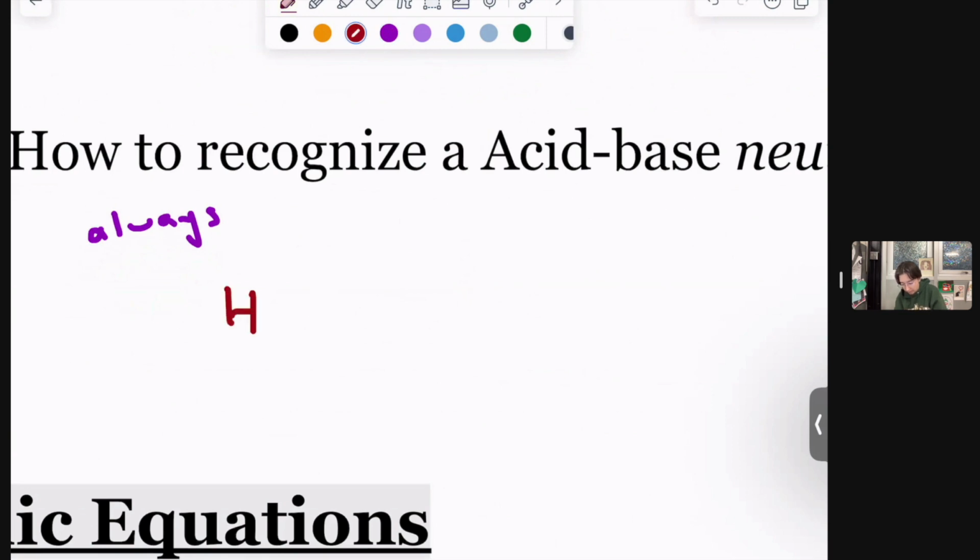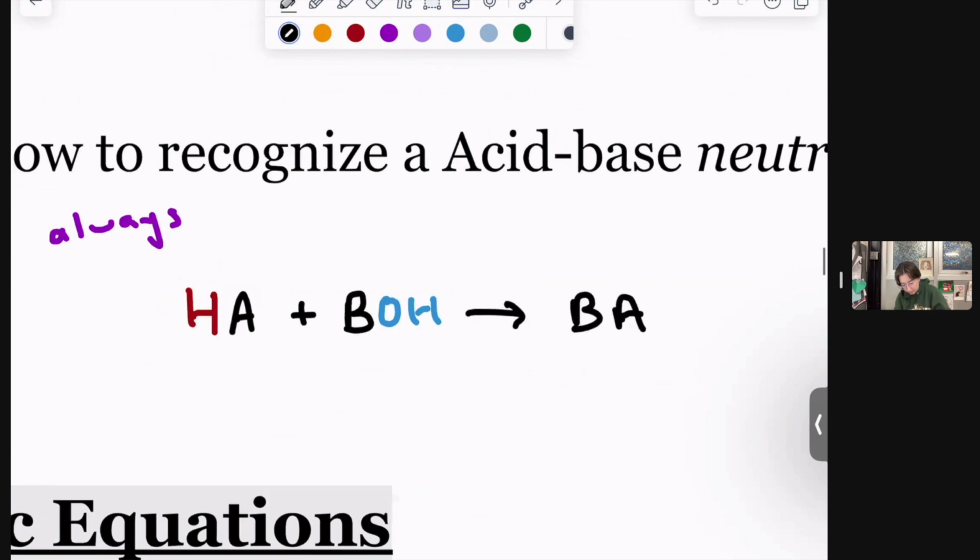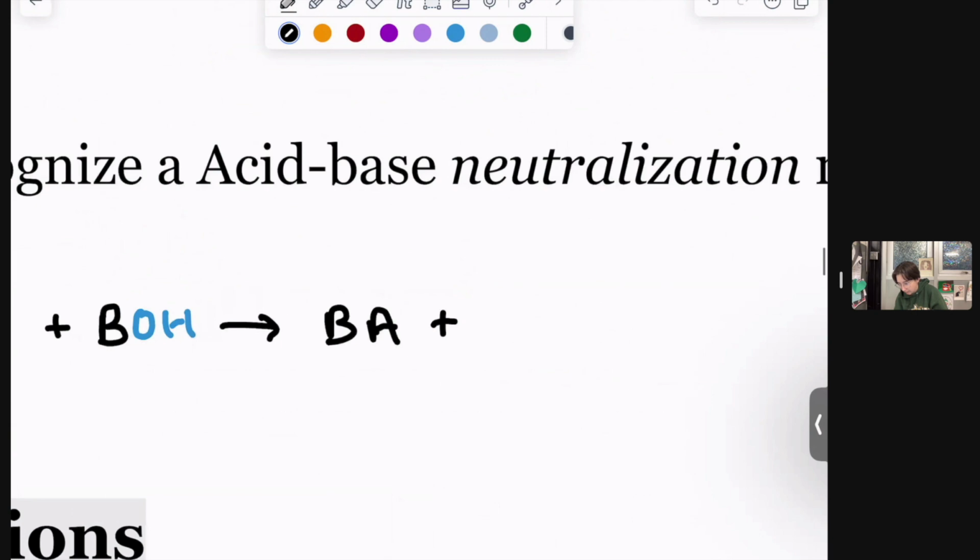It's always an acid plus a base. And the real important thing to look out for with this one is that you are making a salt and water as your products.